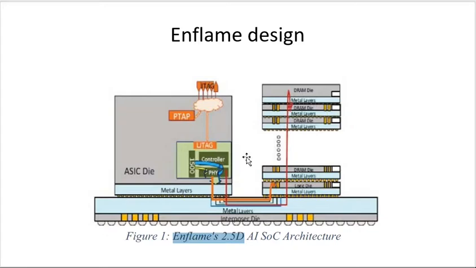So IJTAG as an integrating methodology is used in the top level test patterns, such as for multi-IP applications. It is involved in such a way that every particular core and these DRAMs and these dies are being integrated properly for the Enflame design.